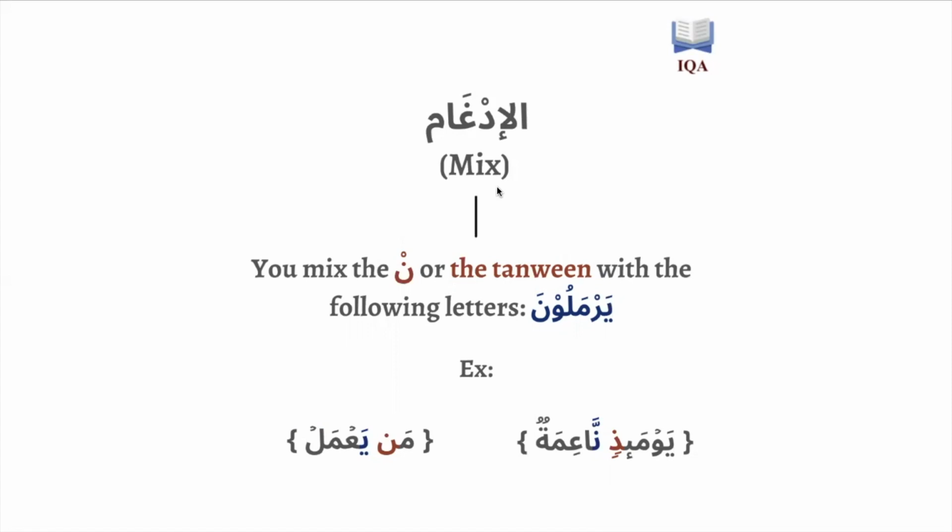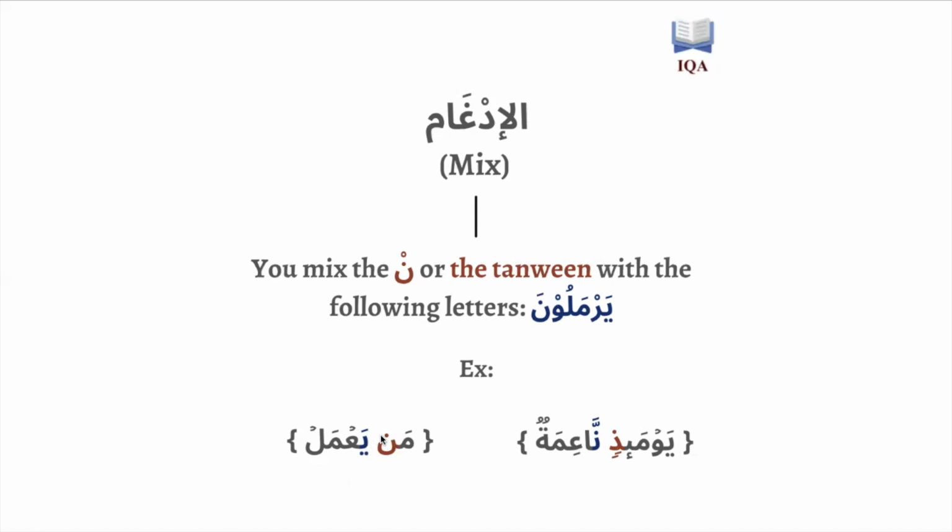This rule only happens when the nun as-sakina or the tanween comes before one of these six letters. Ya manun is the acronym to remember these six letters, so I recommend that you memorize it. If someone asks you what the idgham letters are, you say the idgham letters are ya manun, those six letters in that word.